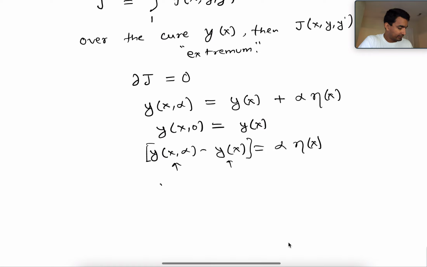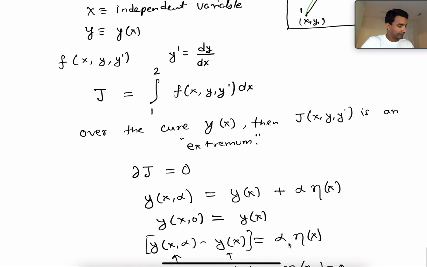Now that we know what y of x, alpha is, there's another important point to note about eta of x: it is defined in such a manner that eta of x1 equals 0 and eta of x2 equals 0. What does that mean?